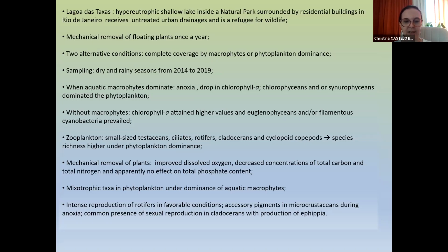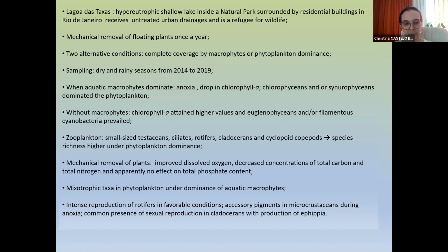Zooplankton: small-sized testaceans, ciliates, rotifers, cladocerans, and cyclopoid copepods, species richness higher under phytoplankton dominance. Mechanical removal of plants improved the dissolved oxygen, decreased concentrations of total carbon and total nitrogen, and apparently had no effect on total phosphate content.